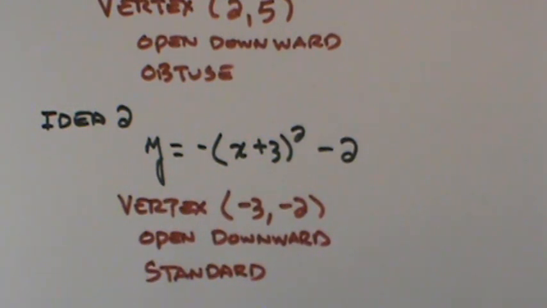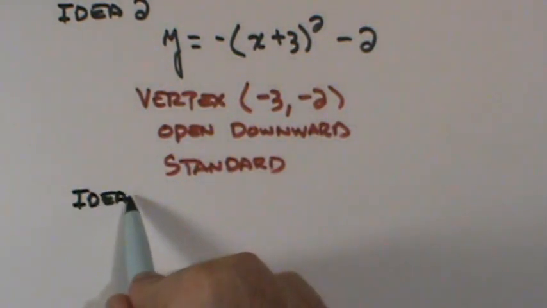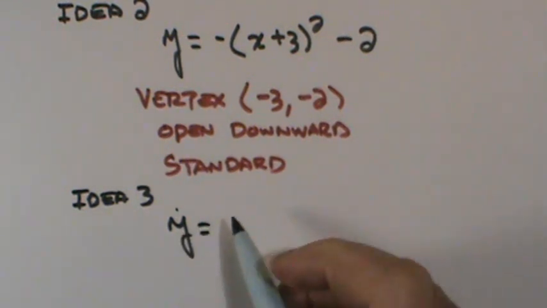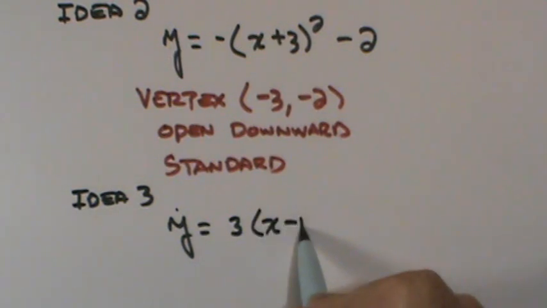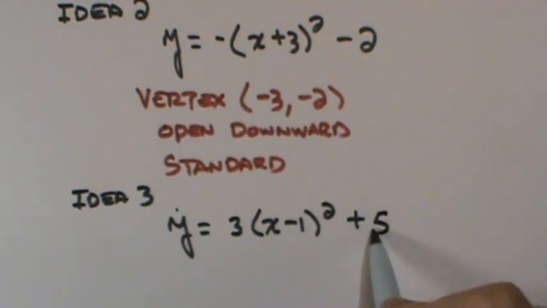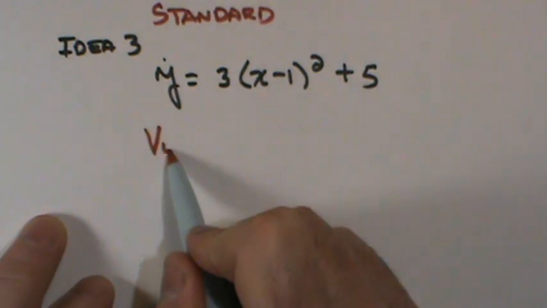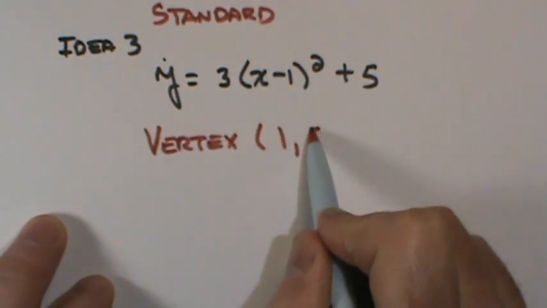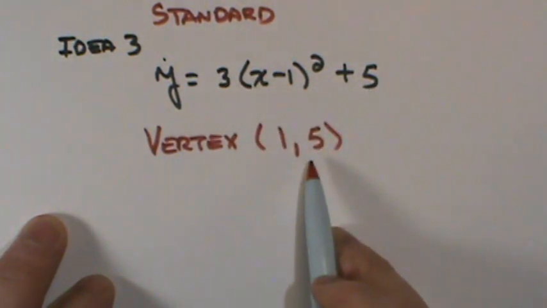And let's do a third example here. Idea 3. y is equal to 3 times x minus 1 quantity squared plus 5. When we look at this, we should be able to extract our vertex. Our vertex will be 1, 5, because I took the opposite of what was in the parentheses and kept what was on the outside.